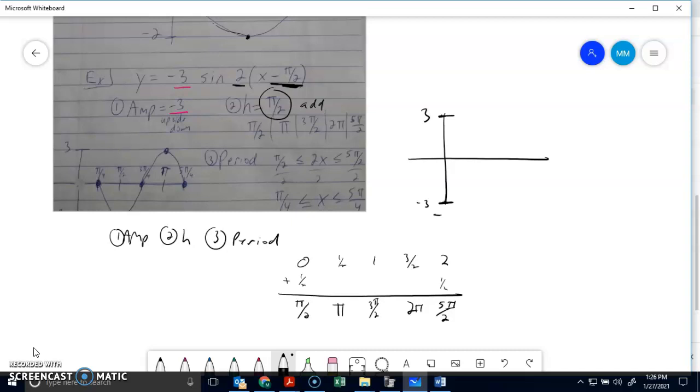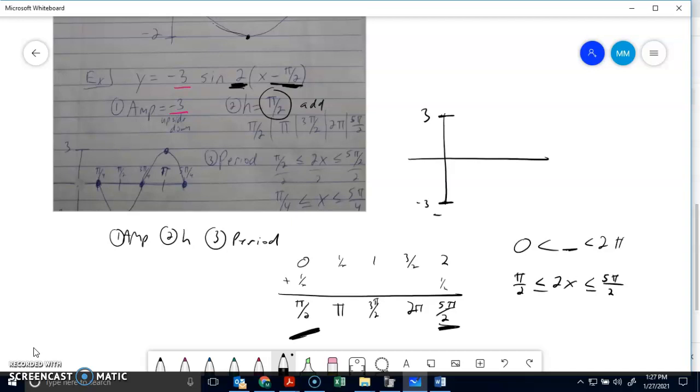But then we also changed the period. So look at what you have now. Instead of going from 0 to 2 pi and then making that adjustment with the angle, my period goes from pi/2 to 5 pi/2. And I'm going to do that with 2x because that's what's in front.